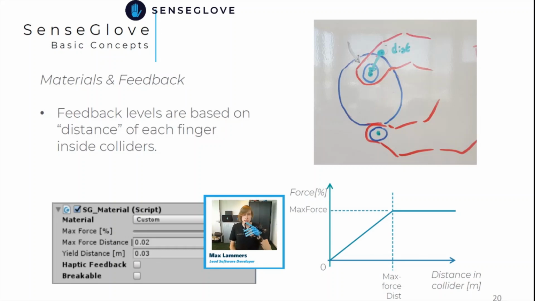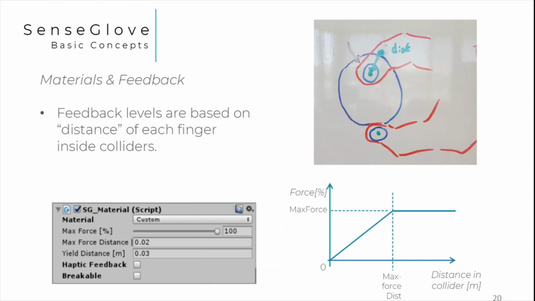In this little example, the max force is at 100%, and the maximum force distance is at 2 centimeters. It's in meters, because for Unity we're using absolute units. So if you're 2 centimeters into the material, you get the maximum amount of force, and that's currently only done with a ramp function.